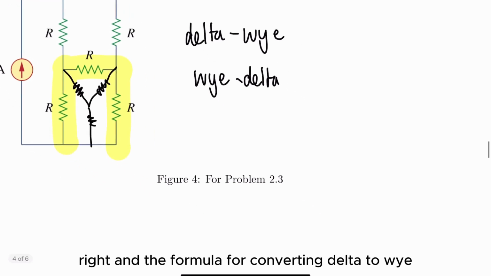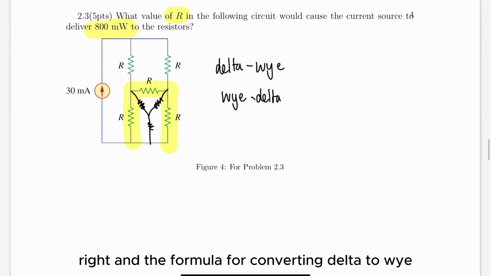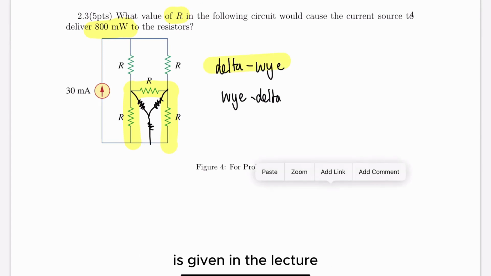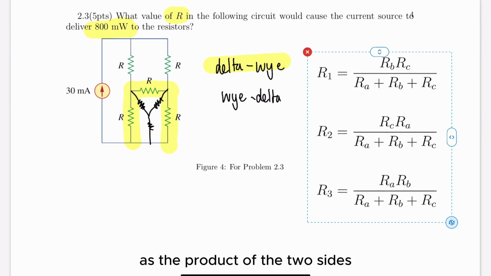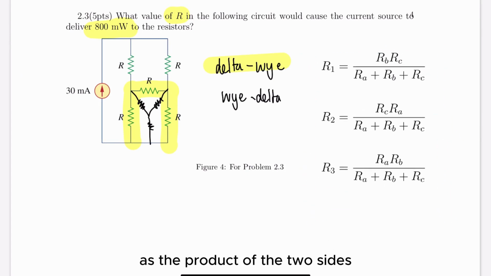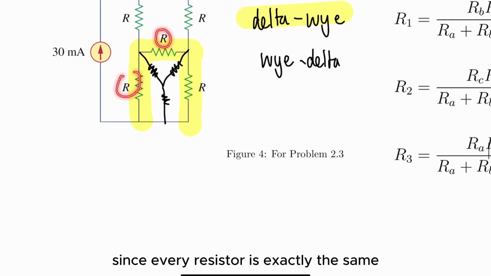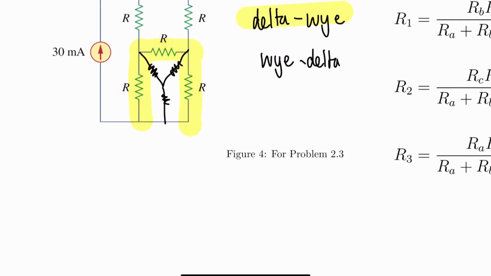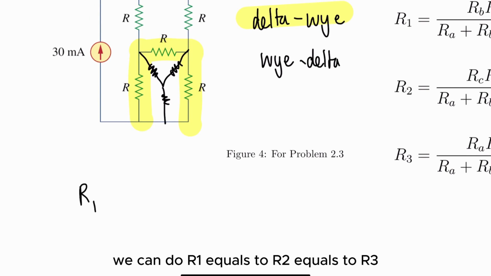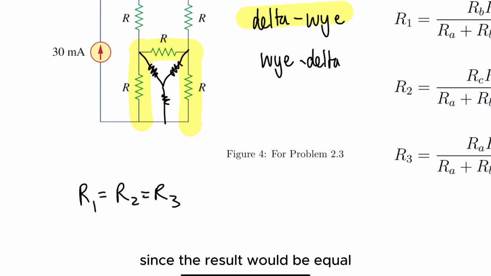And the formula for converting delta to Y is given in the lecture as the product of the two sides divided by the sum of all the resistors. Since every resistor is exactly the same, we can set R1 equals R2 equals R3, since the result would be equal.